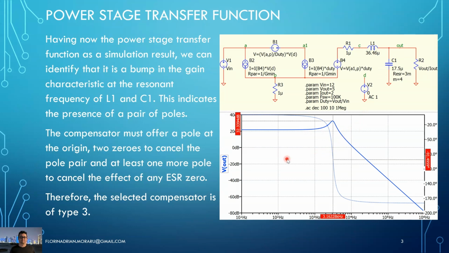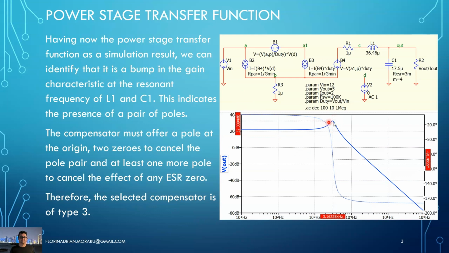And we also recall that in the end, in open loop, we want to have a system that has a minus 20 dB per decade slope. So what we need to do is for this plant, or for this power stage, we need to attach the frequency compensator, employing an error amplifier, and we expect that this will have a pole in the origin, so that we will have that slope of minus 20 dB per decade.